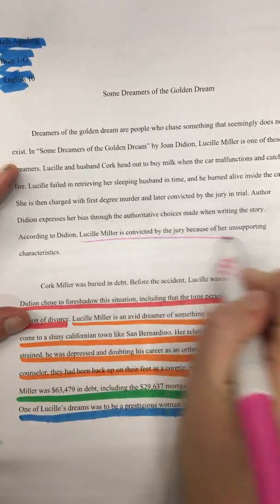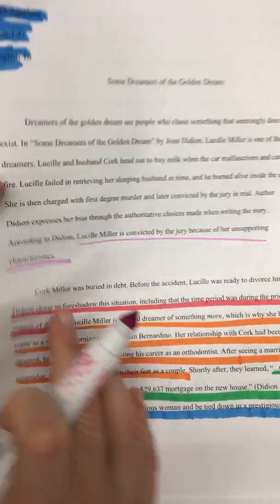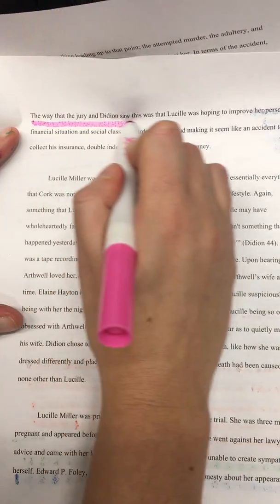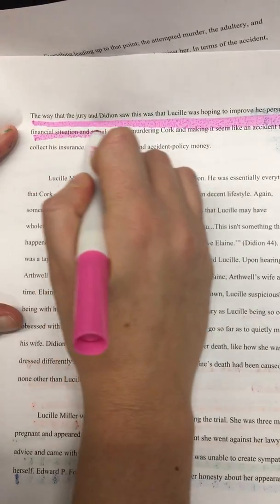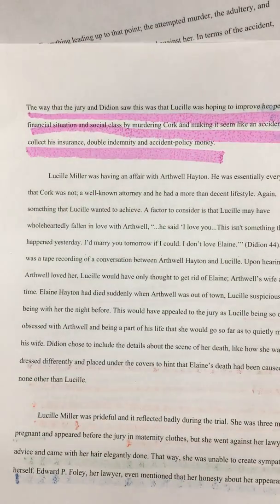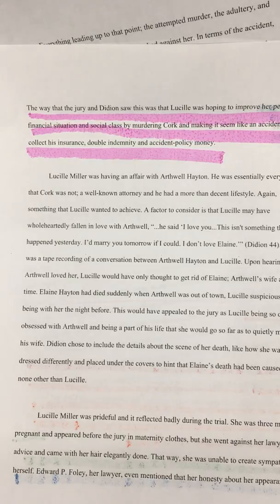According to Didion, Lucille Miller is convicted by the jury because of her unsupporting characteristics. So the way that the jury, Didion saw, personal financial situation. So they brought it back to this debt that they have incurred has made the jury dislike her. That makes her seem like she's a bad person and makes her seem like she could, in fact, murder her husband. Okay?